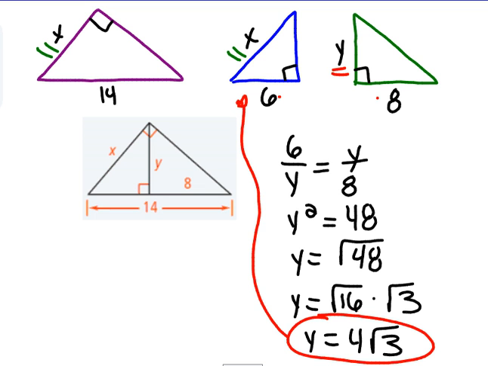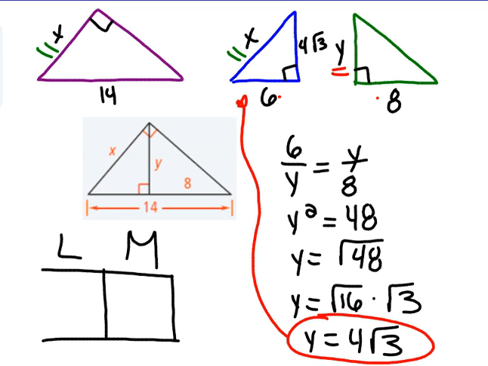So we're going to have a 4 square root of 3. All right, so we're using our large triangle and our middle-sized triangle. And we need to find the angles that are opposite our variable x. And I guess I didn't label that yet. So let's go ahead and do that.